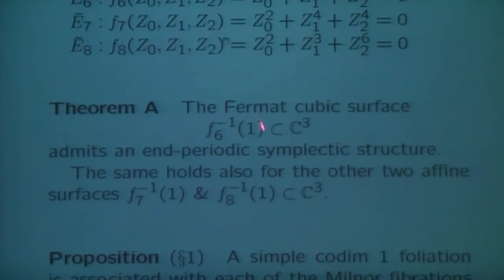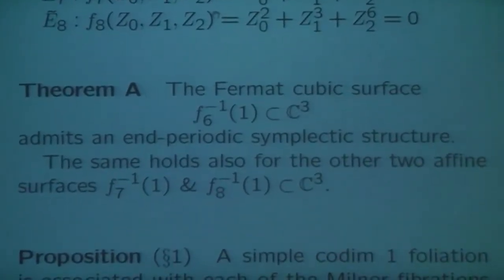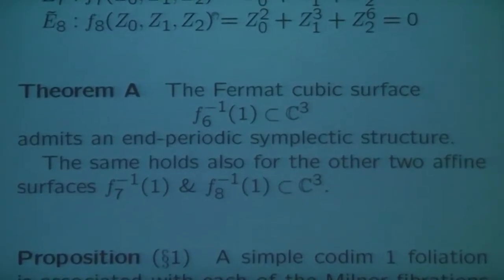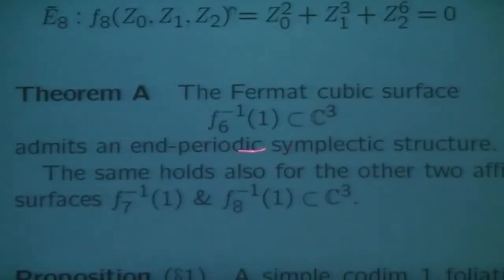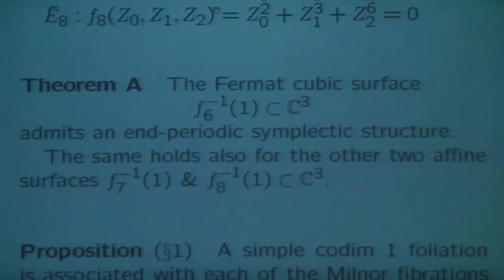of course this affine surface carries a natural symplectic structure, but it is expanding at the end. But we can modify the symplectic structure on that surface in such a way that the symplectic structure on the end is somehow periodic.